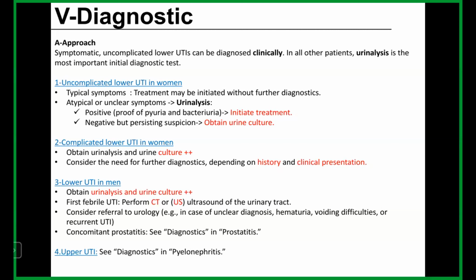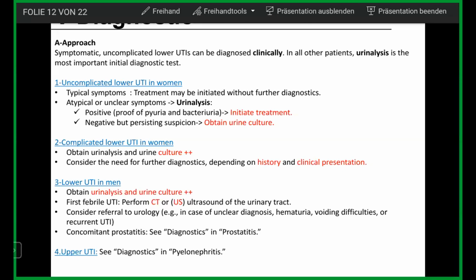If this analysis is positive, we have to initiate the therapy. Which therapy we can see in the next chapter. If it's negative but suspicion persists, we have to obtain the urine culture. For complicated lower UTI in women, we directly have to obtain the urine culture.